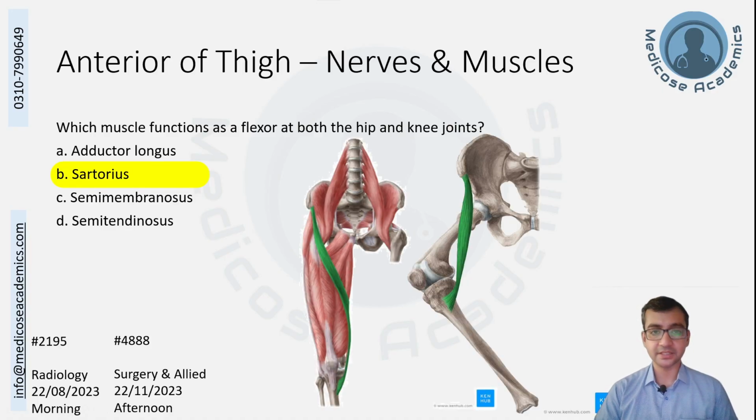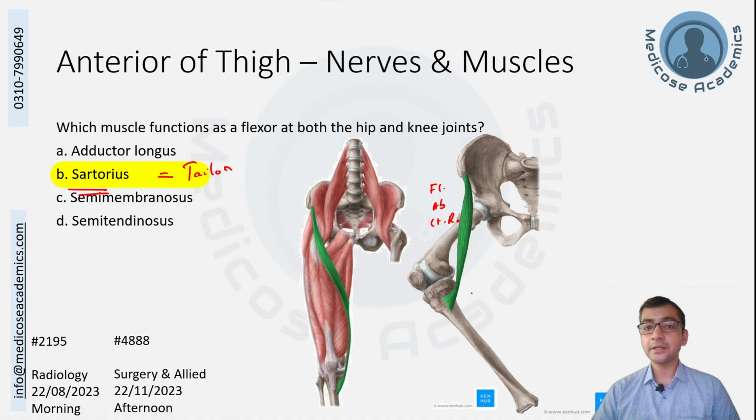It flexes both. Sartorius literally means tailor. So imagine a tailor sitting on the ground with crossed legs. That is the function of the sartorius. When a person is sitting cross-legged on the floor, at the hip joint there is flexion, abduction, and lateral rotation.